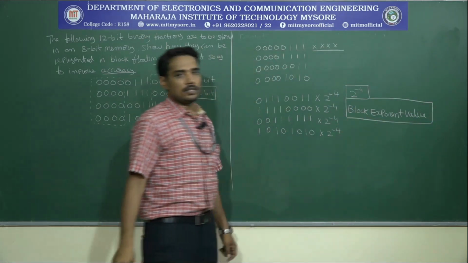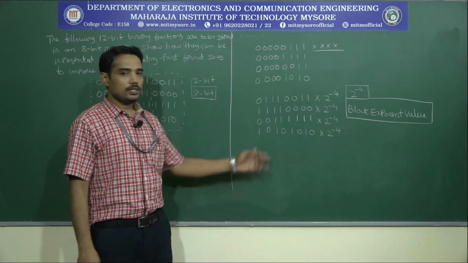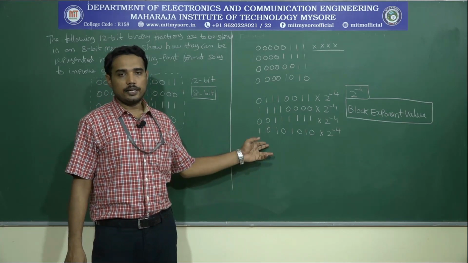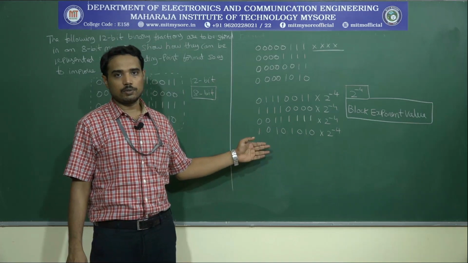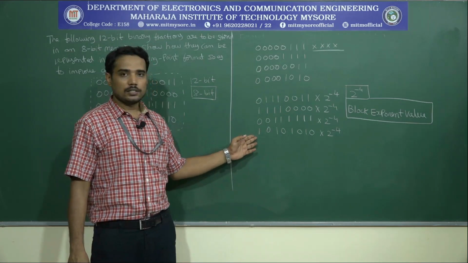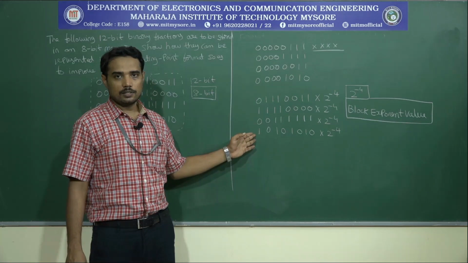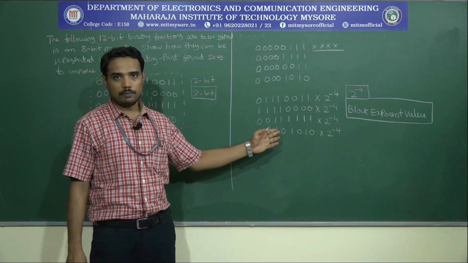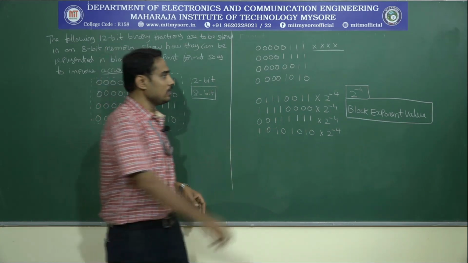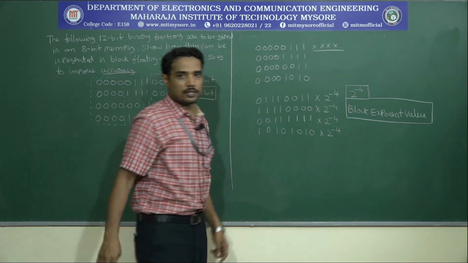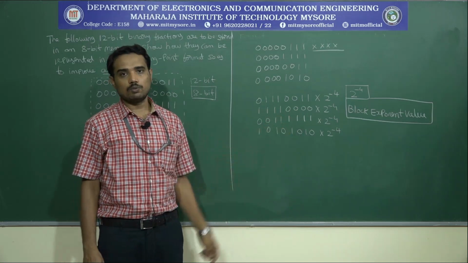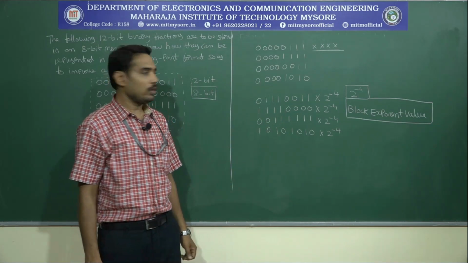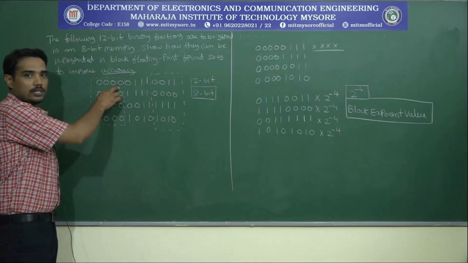If you want to read the data from the memory location, what are we supposed to do? We have to first shift the data towards right by 4 bits. If I do so, I will get back the original values.